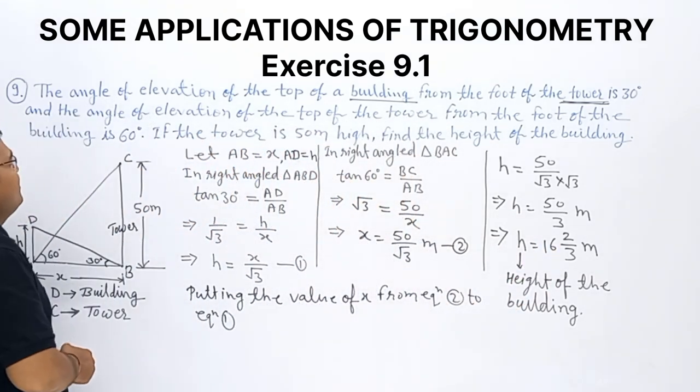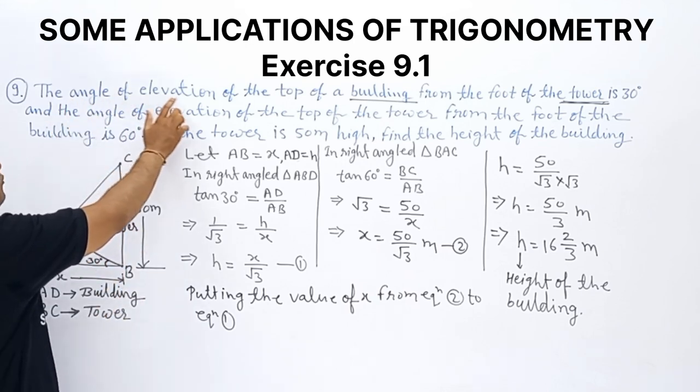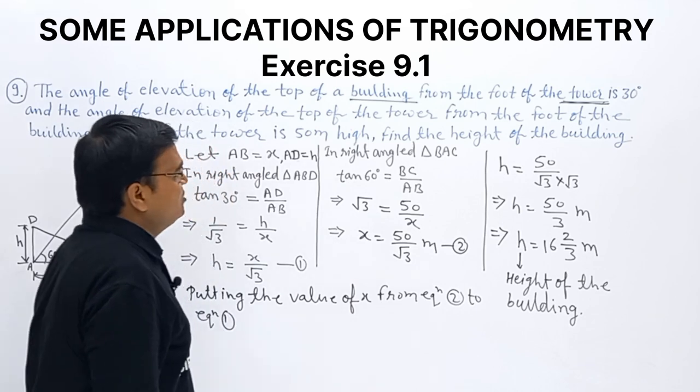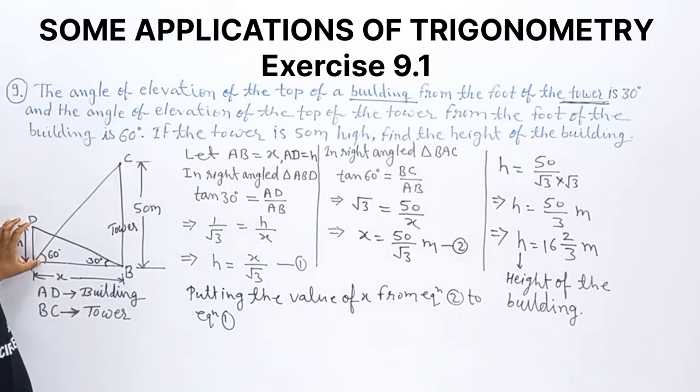In the question we have the angle of elevation of the top of a building from the foot of the tower is 30 degrees. So we have one building and one tower. Clear? Now the angle of elevation of the top of a building from the foot of a tower, the foot of the tower is this one.